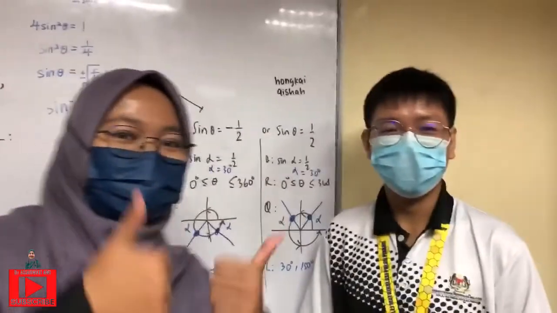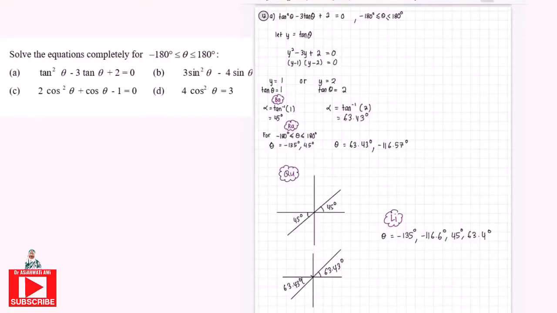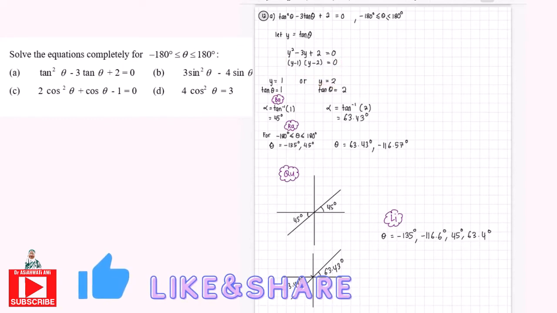Okay, for question 12A, the question given is tan square theta minus 3 tan theta plus 2 equal to 0, and the range is negative 180 to 180. To make it easier, we let y equal to tan theta. We substitute y for tan theta, so we get y square minus 3y plus 2 equal to 0. We see that it forms a quadratic equation, so we just solve this quadratic equation. We get y equal to 1 or y equal to 2. Don't forget to substitute back, because y was originally tan theta.